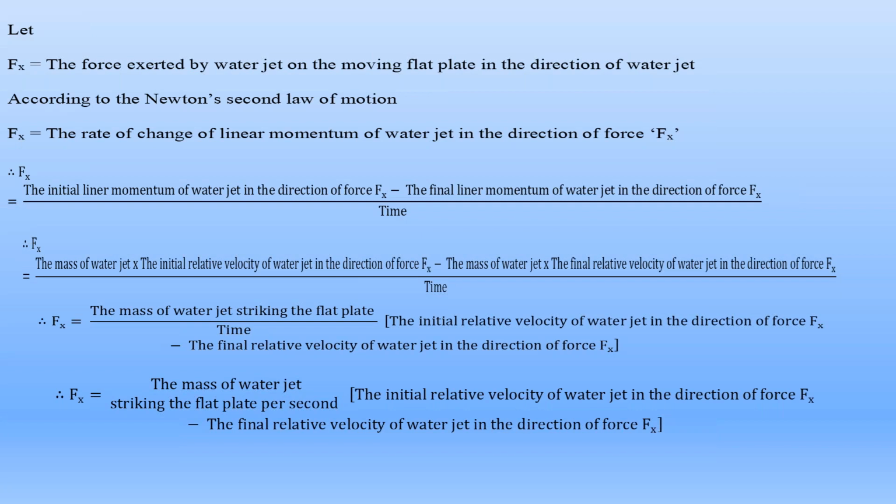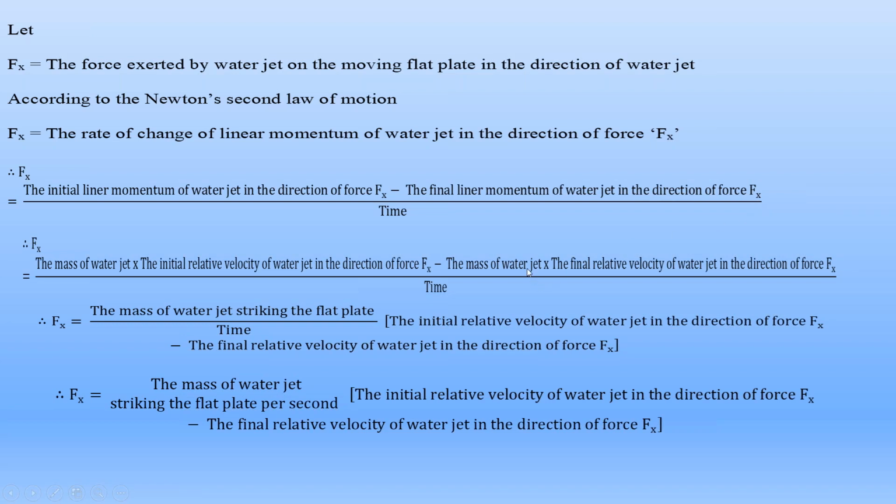So the initial linear momentum of water jet in the direction of force Fx is equal to the mass of water jet into the initial relative velocity of water jet in the direction of force Fx. Minus, coming to the next one, the final linear momentum of water jet in the direction of force Fx.